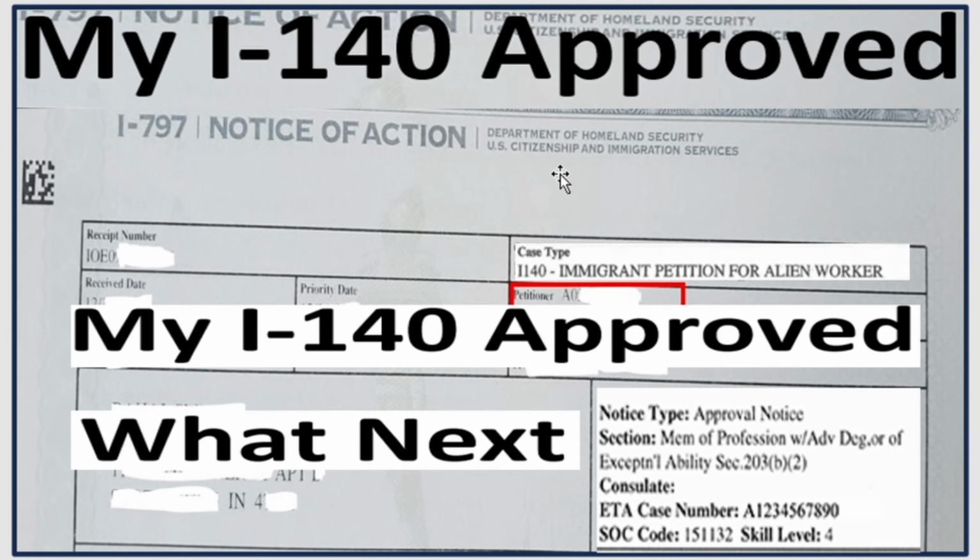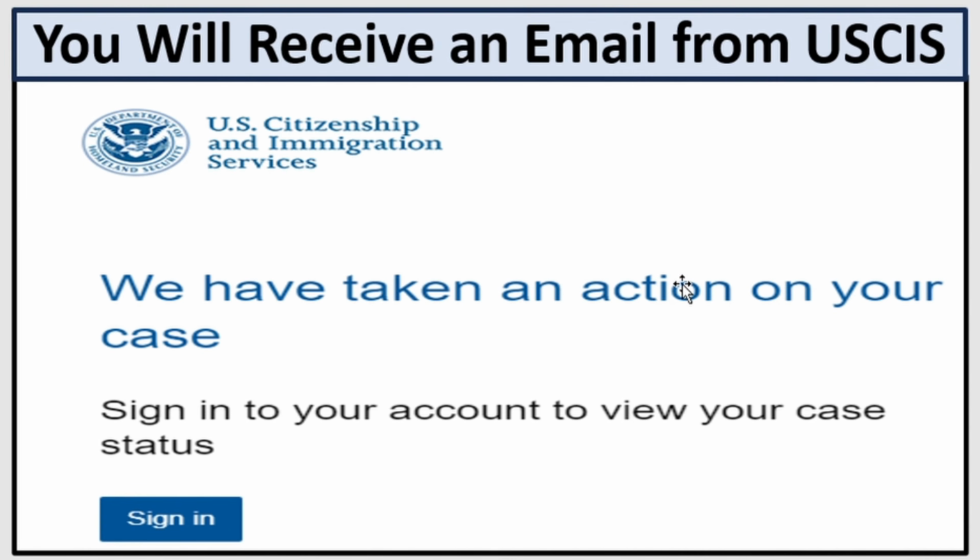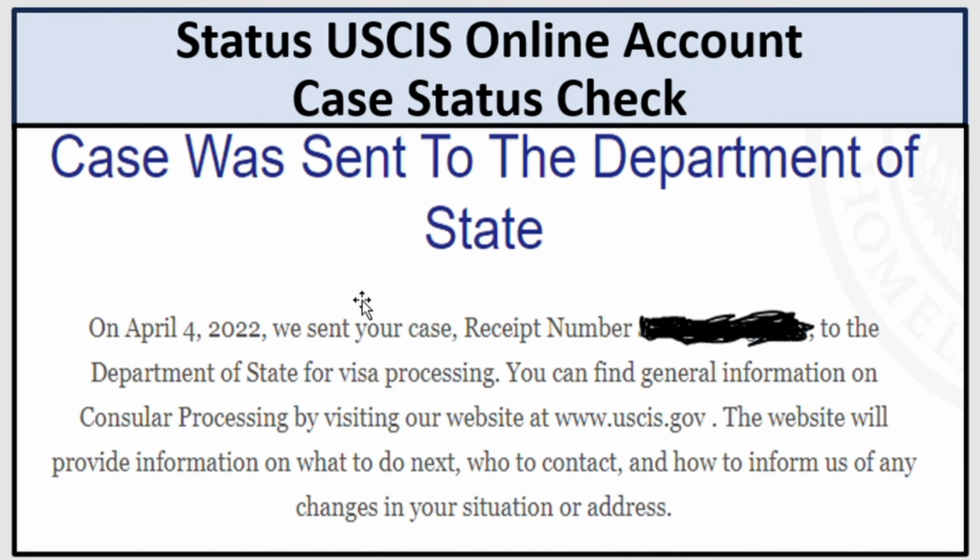When USCIS approves your petition, the first thing you will receive is an email like this one right here. They're going to tell you, we have taken an action on your case. Sign in to your account to view your case status. Once you sign in to your account, it will look like this.